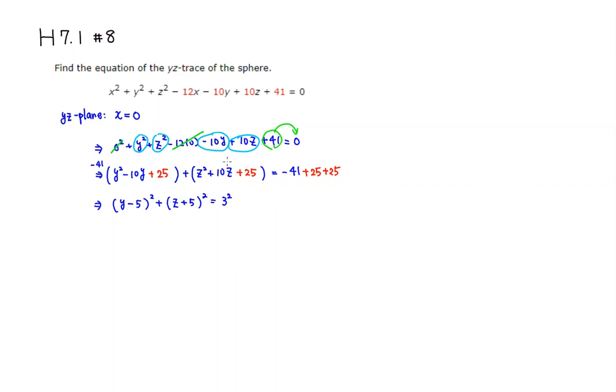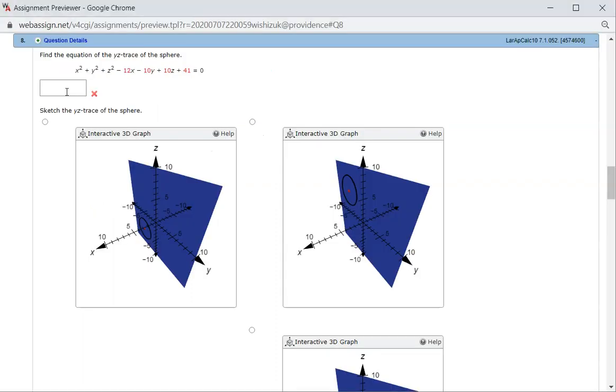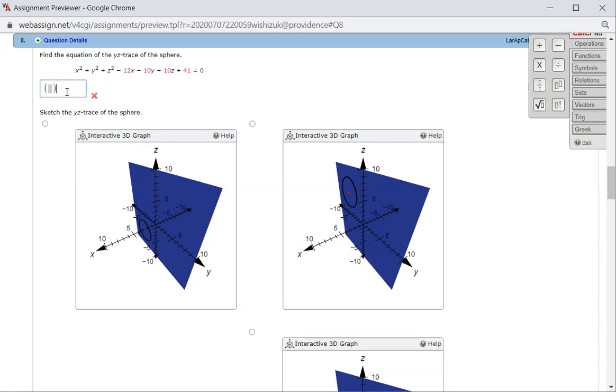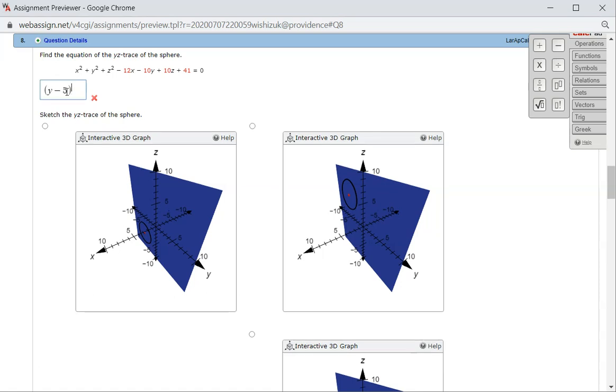So what we got was y minus 5 squared plus z plus 5 squared is equal to 3 squared.